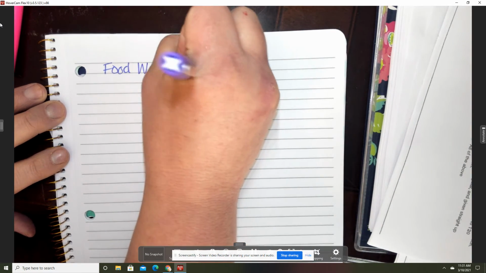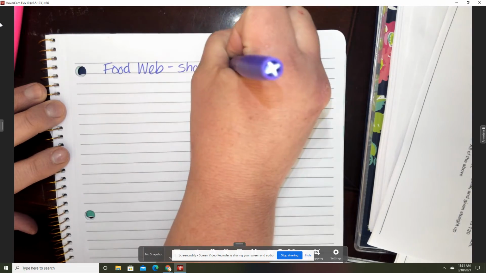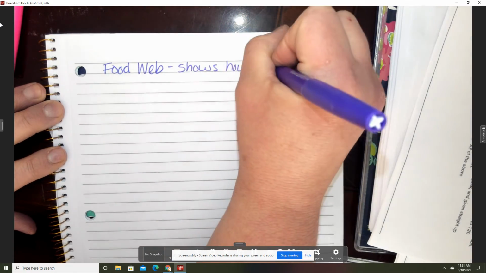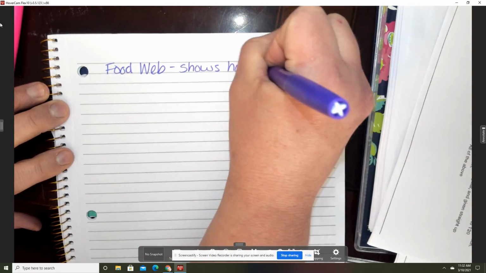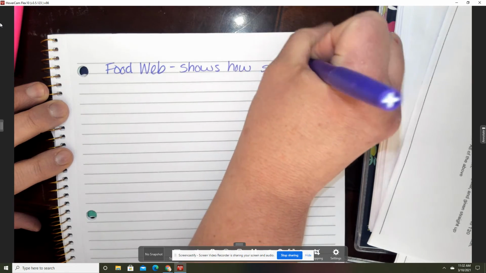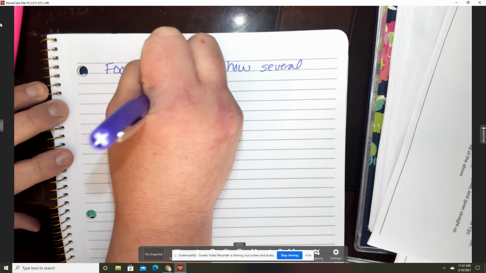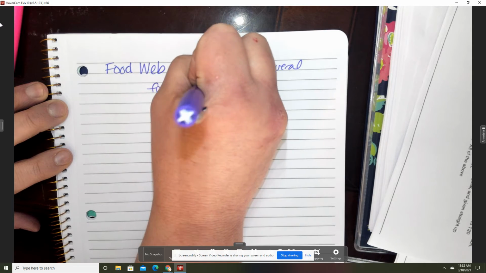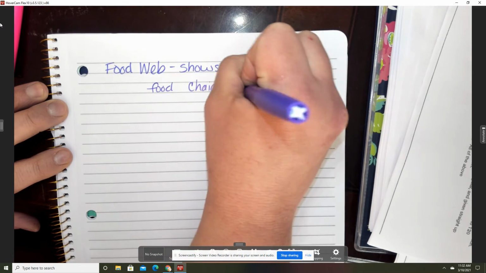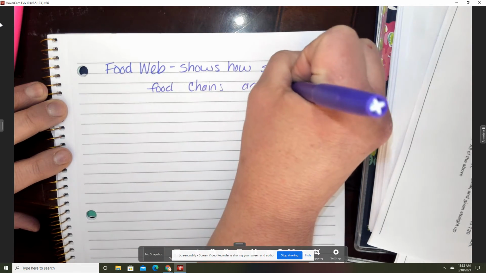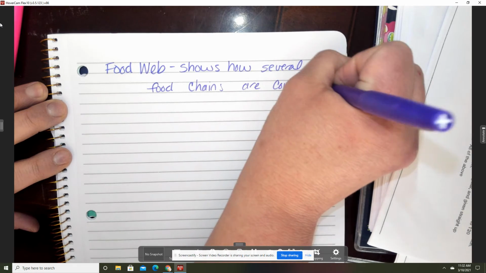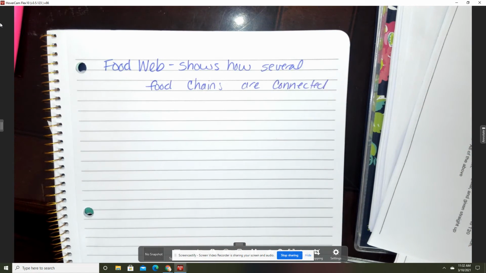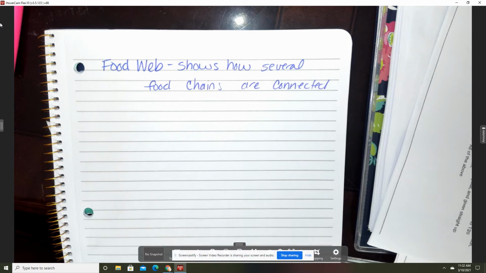Shows how several food chains are connected. But again, you're looking at the arrows and the flow of energy, okay?